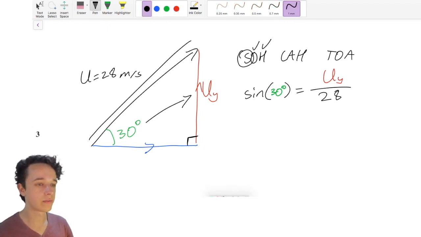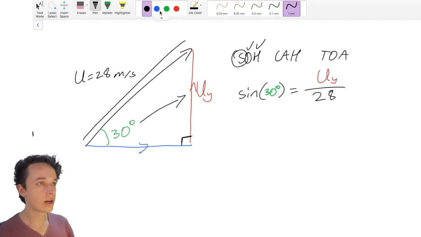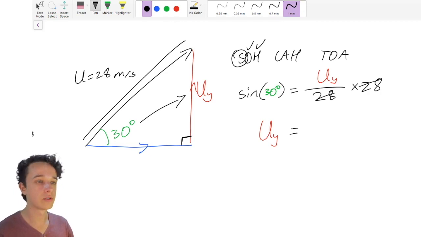So the hypotenuse has a value of 28. Now we want an expression for uy on its own. To get uy as the subject of this equation, we multiply by 28 so that these 28s cancel out. And if we do something to one side of the equation, we have to do it to the other, so we multiply the other side by 28. Then we're left with 28 multiplied by sine 30.